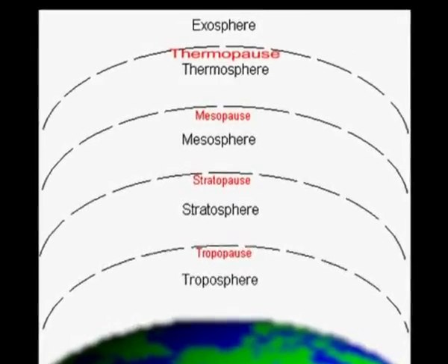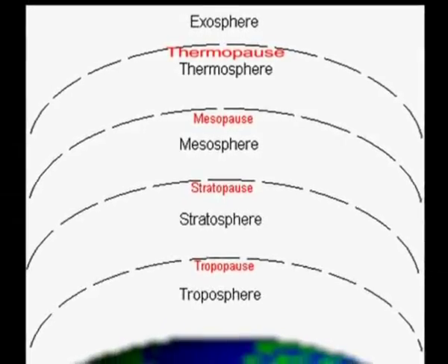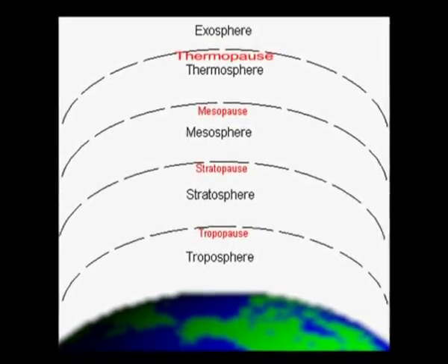Thermopause. The boundary between the thermosphere and the exosphere is the thermopause. The exosphere extends from the thermopause height of 500 to 1000 kilometers up to a height of 10,000 kilometers above the Earth's surface.